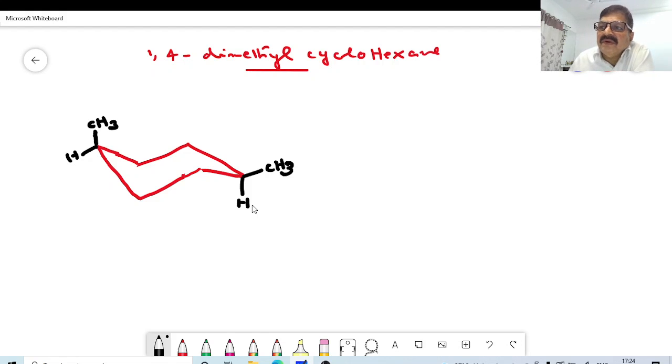Now we have to draw the axial hydrogen atoms here. We will mark all the hydrogens, then it will be very clear. This is a hydrogen in the axial position.